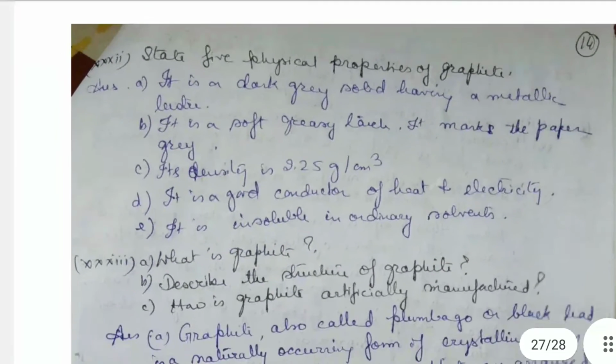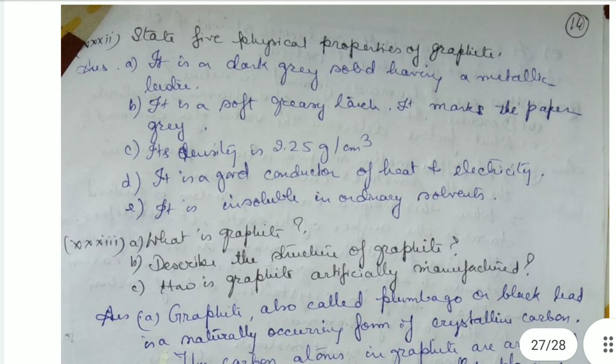Then state 5 physical properties of graphite. Graphite is a dark gray solid, but it has a metallic luster. It shines like a metal. It has a soft greasy touch.